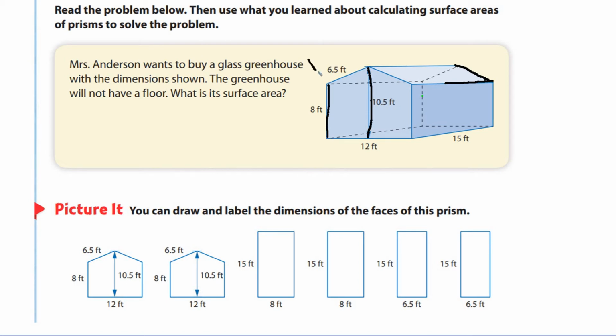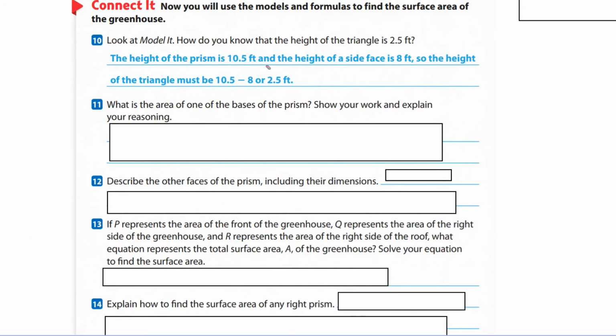Therefore, how much is left? 2.5 feet, right? The difference between 10.5 and 8 is 2.5. So the height of the triangle must be 10.5 minus 8, or 2.5 feet. Question 11.